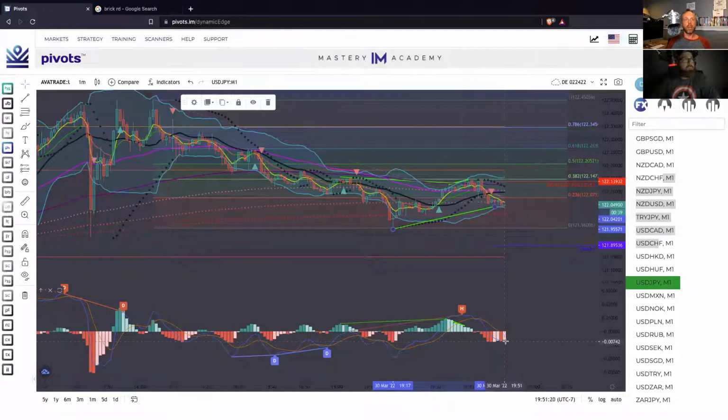And this is a really good example of divergence that can turn into convergence. It's close enough that if price does come down below this level, it's going to line up.